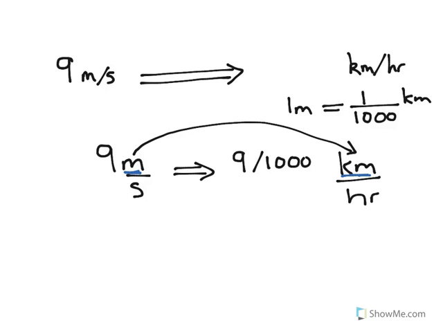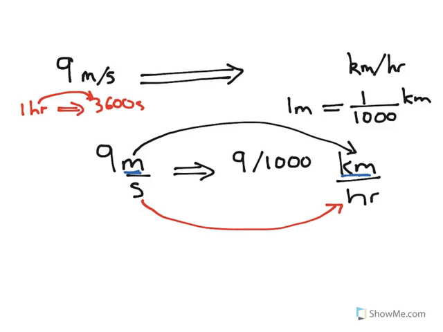Let's look at what happens then with our seconds. We're going from seconds to hours. We know that 1 hour is the same as 3,600 seconds. So to go from hour to seconds, we multiply by 3,600.